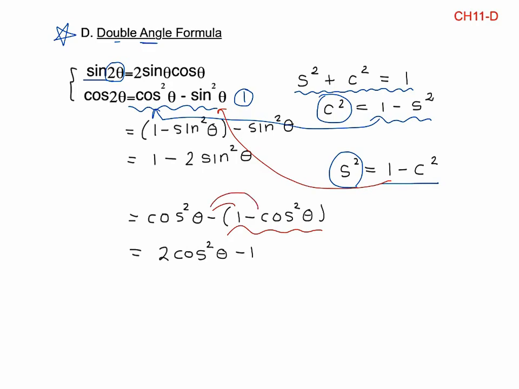So you get 2 cosine squared theta minus 1. So the first one is cosine squared theta minus sine squared theta. Second, 1 minus 2 sine squared theta. And then last one is 2 cosine squared theta minus 1. Depending on problems, you will sometimes have to choose which one is the best formula to solve for an equation.